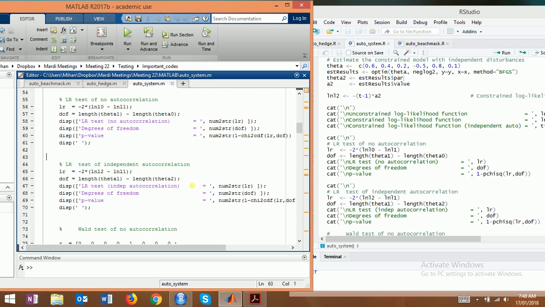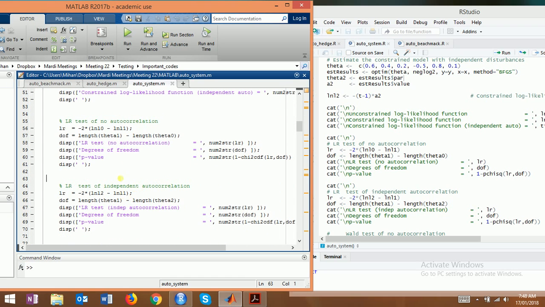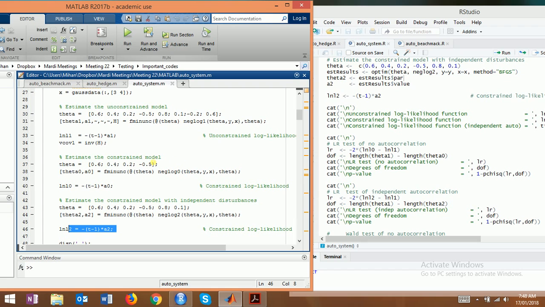LR test of independent autocorrelation, L1 and L2. How are we getting log L0, log L1, log L2? Did we do log L2? Oh yes, this is the constraint log likelihood, constraint model.